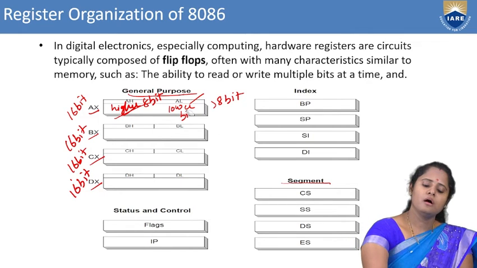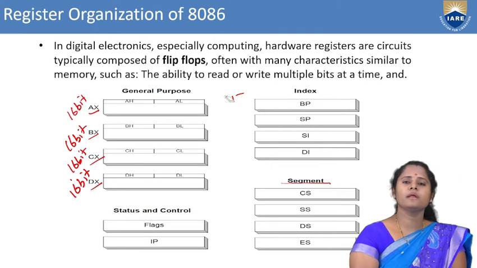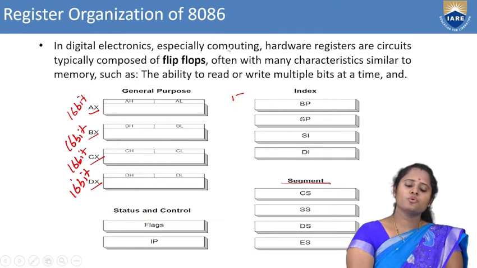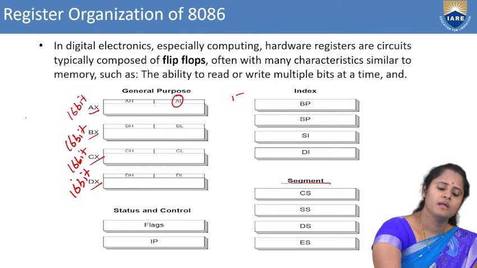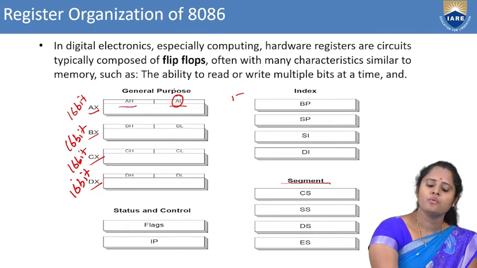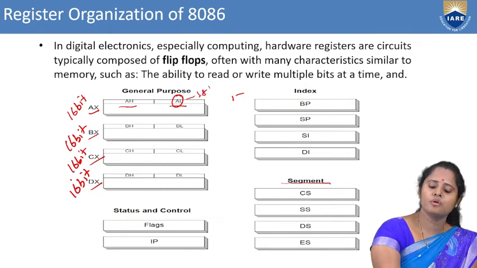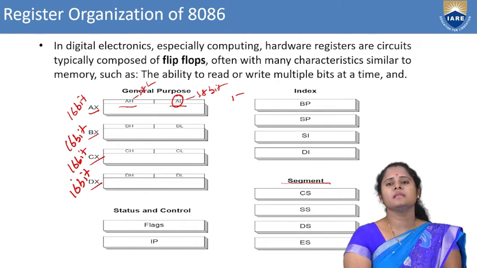The lower 8 bits are always stored in the AL register. So you can say AX is a combination of AL as well as AH, where AL stores the lower 8-bit data and AH stores the higher 8-bit data.